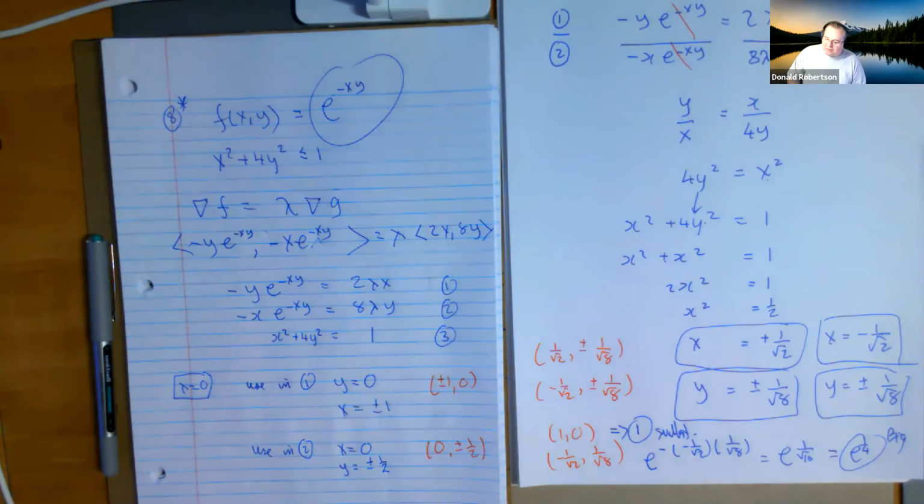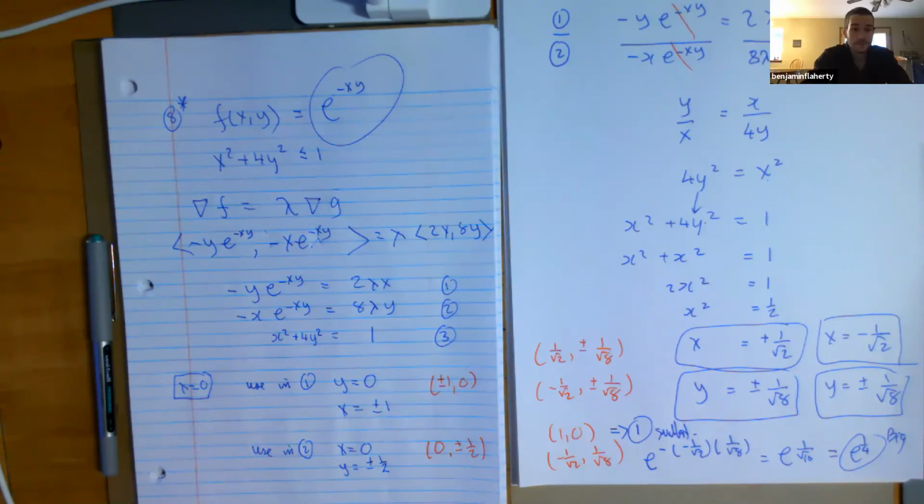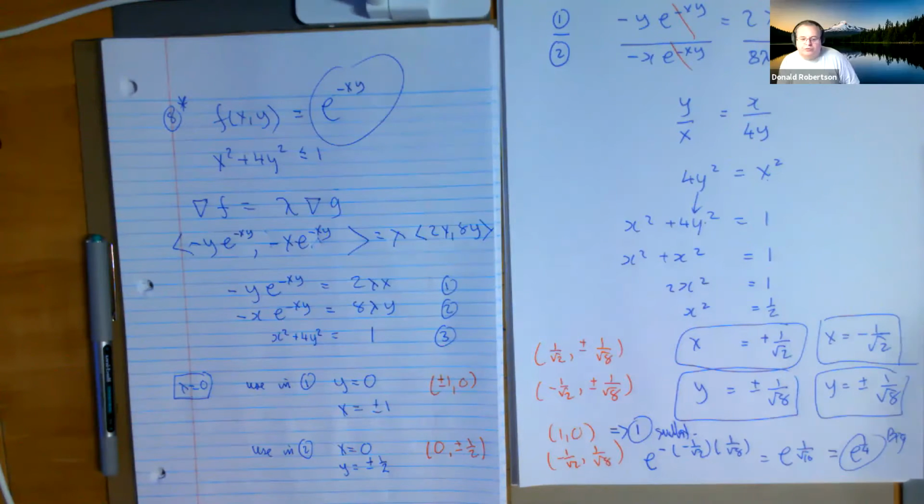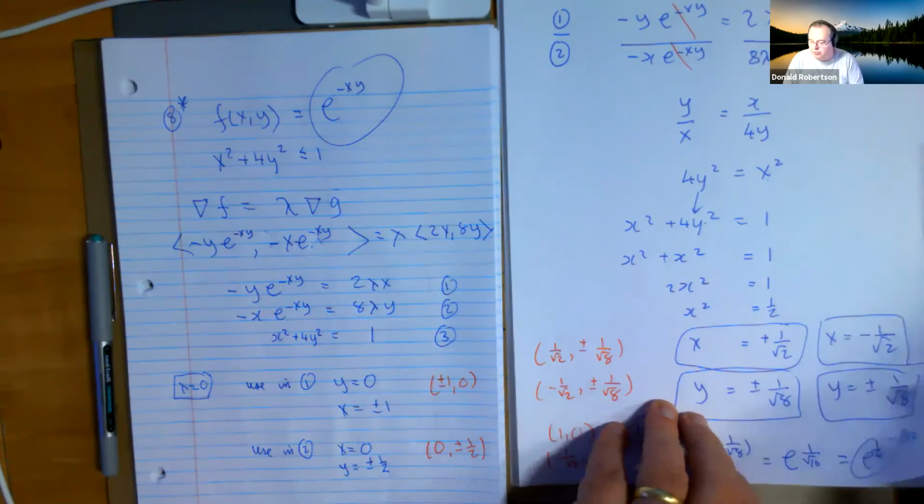You don't need to tell the 4 different places where it's 10. You just need to say 10. That makes sense? Thank you. Right, so the WebAssign only wants to know the absolute max and min value, not necessarily the 2 or 3 places where it happens. It cuts down your workload a little bit.